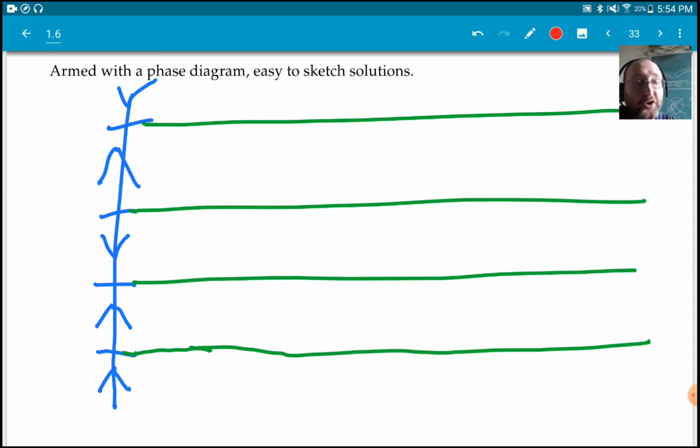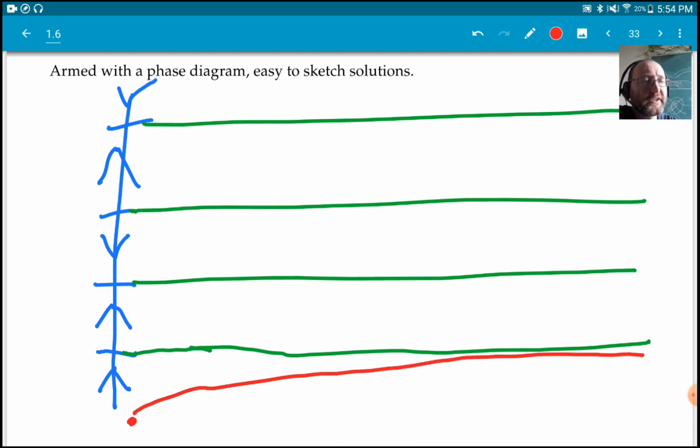And then, if we want to draw some solutions that start in between the equilibrium solutions, well, suppose that I start over here. There's an up arrow, so I'm just going to keep going up. And I know that I'm going to be approaching this equilibrium solution, right? It almost looks like it's going down. It's never going to go down. It's just going to keep going up, but it's going to approach that equilibrium solution. Over here, if I start over here, I also have to go up, right?